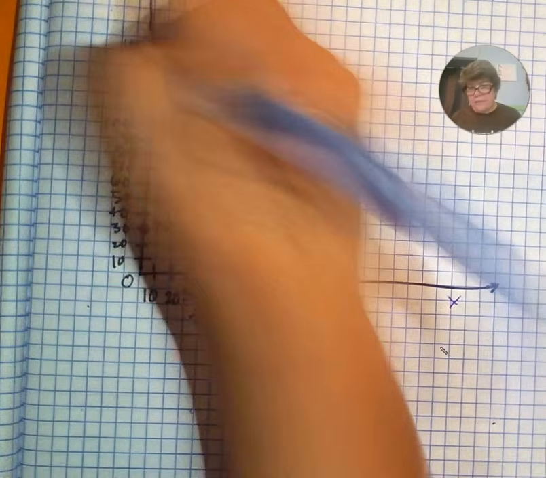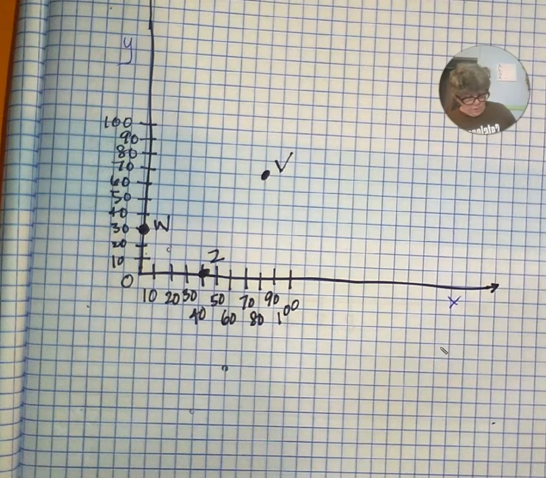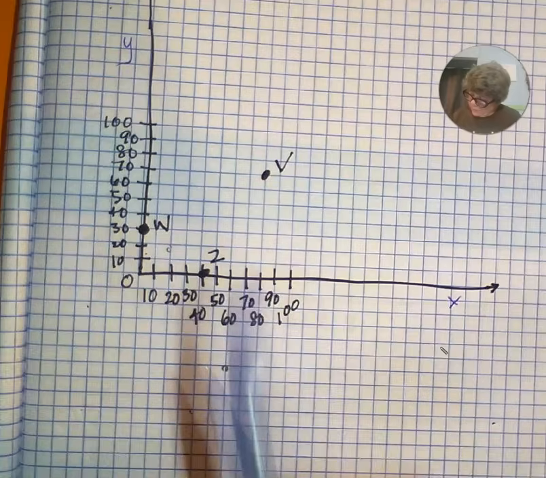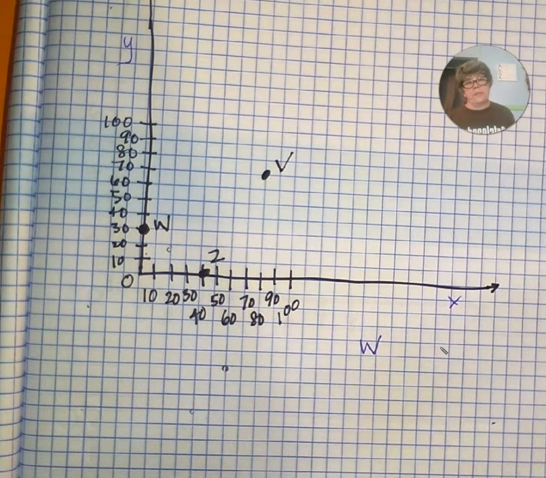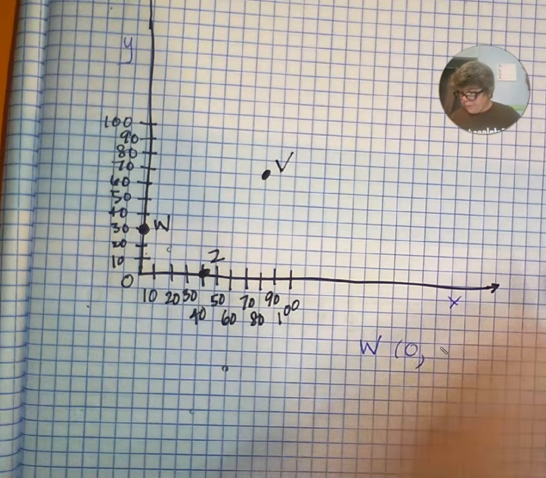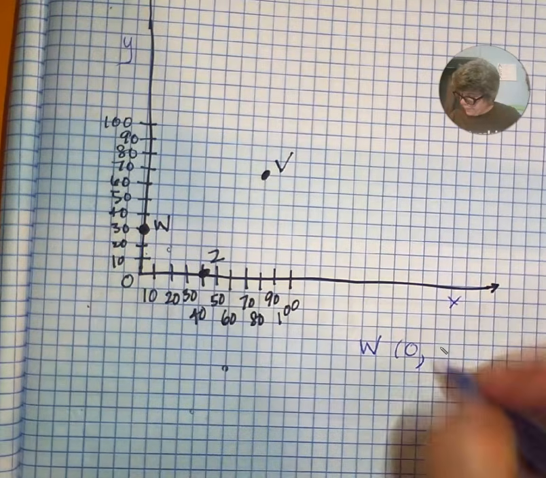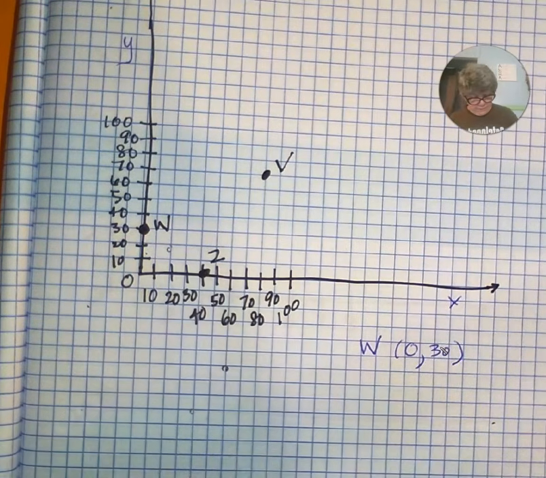And of course, it's the same on the y-axis too, also counting by tens. What are the x and the y coordinates of W? What is the ordered pair? Hopefully you're saying 0 and 30. Very good.